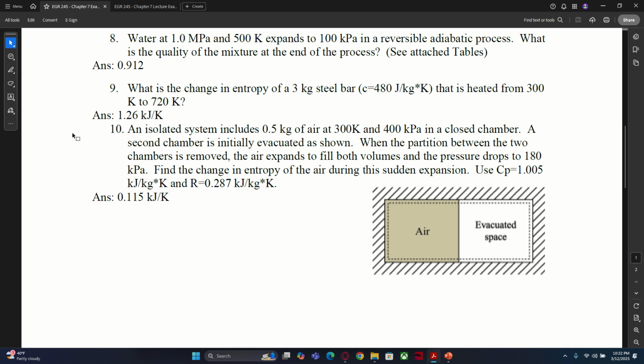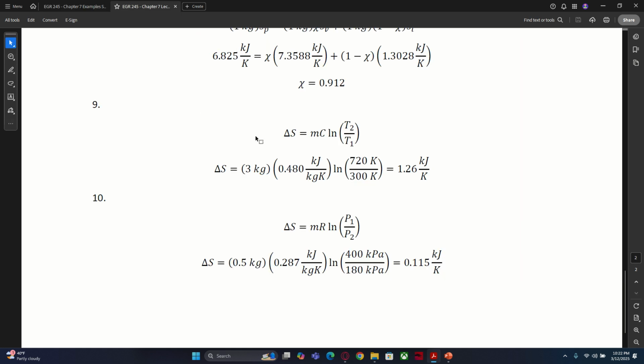For question 9, what is the change in entropy of a 3 kilogram steel ball where its heat capacity is 480 joules per kilogram Kelvin? And during that process, it is heated from 300 Kelvin to 720 Kelvin. All right, a pretty straightforward equation.